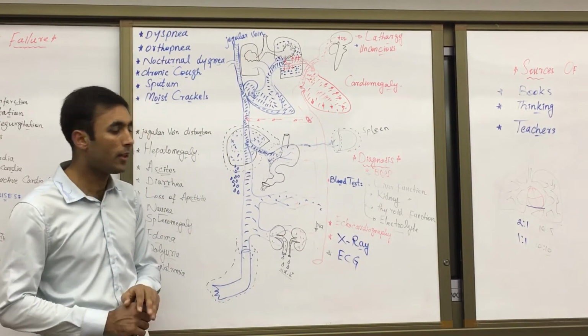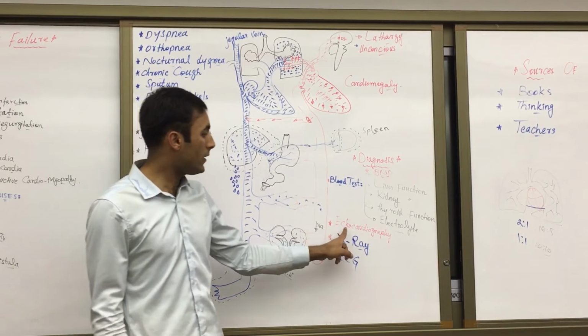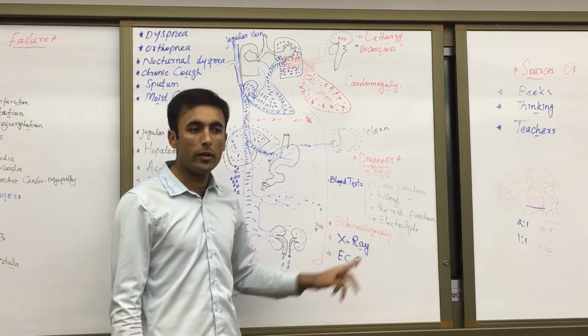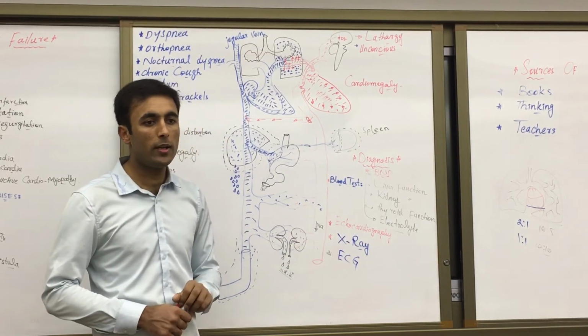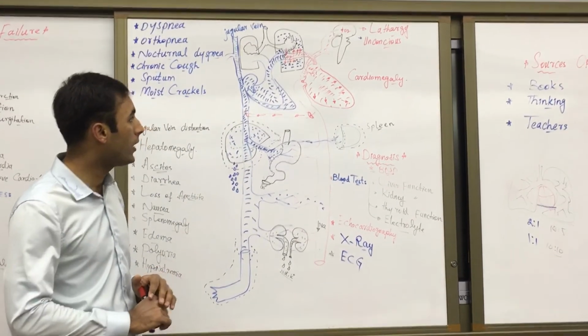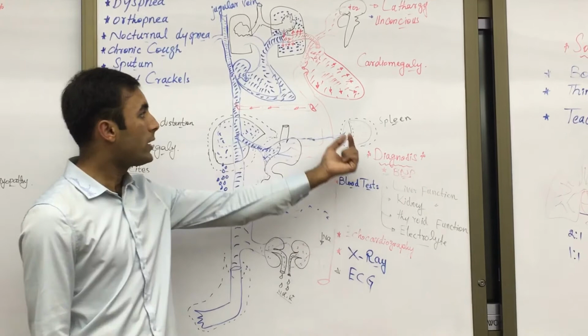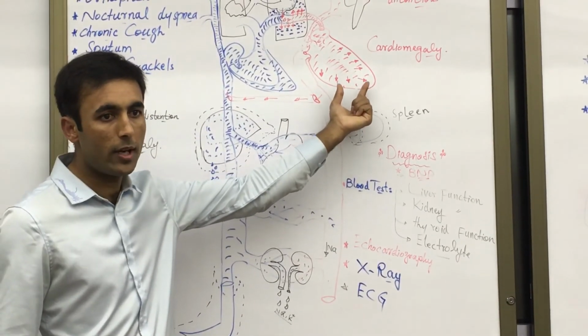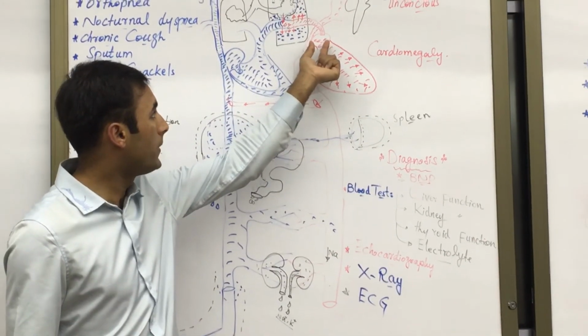Is that clear? Then we said that we can give the echocardiography. Echocardiography is also one of the most important tests for the patient of heart failure. Because in the echocardiography, we can check the size of the heart, size of the ventricle, size of the atrium.